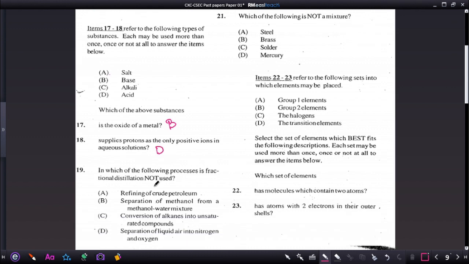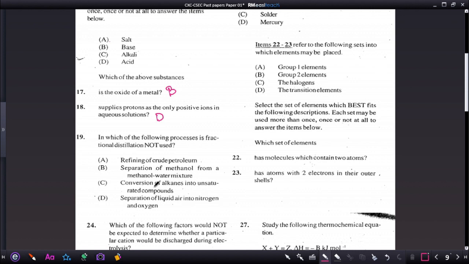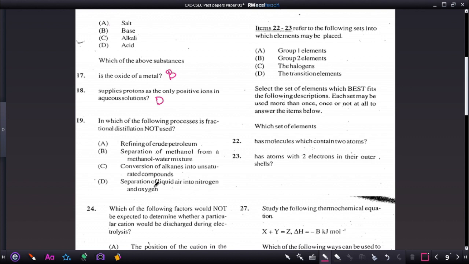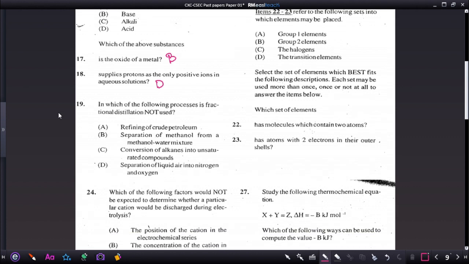Question 19. In which of the following processes is fractional distillation not used? Again, we have seen this question already in the previous past paper. A, refining crude petroleum. Yes. Separation of methanol from methanol water. Yes.